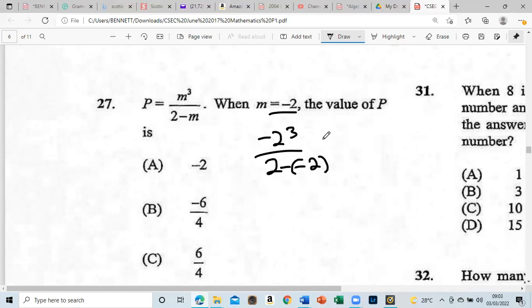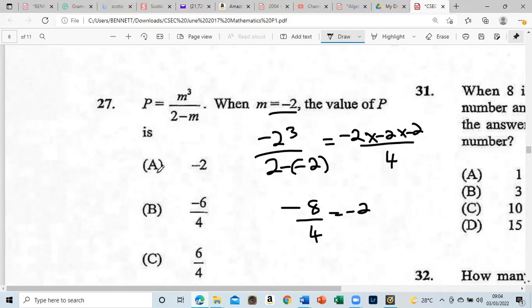Negative 2 means negative 2 times negative 2, so this is going to become plus. This is going to give us 4, and this is going to give you 2 plus 2. This gives us negative 8 over 4, and that is equal to negative 2. 27 is A.